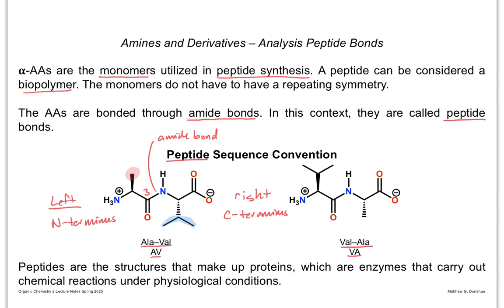So when you get a large enough peptide string together, these things make up proteins. Another word for a protein is an enzyme. And so enzymes are basically biomolecules that carry out chemical reactions under physiological conditions.